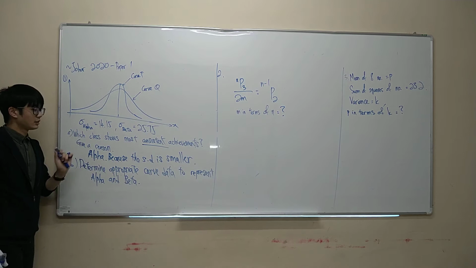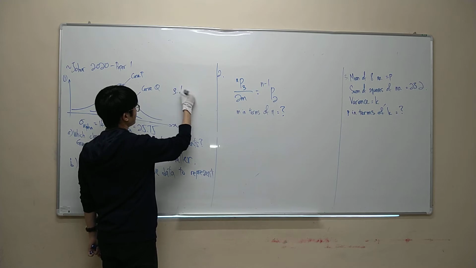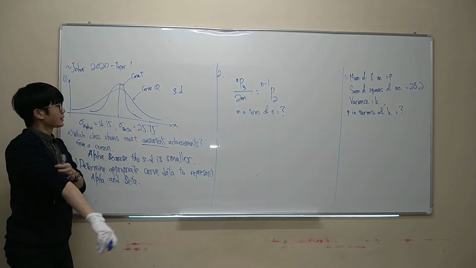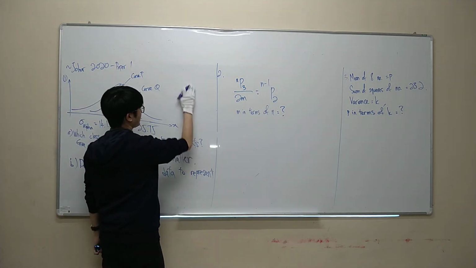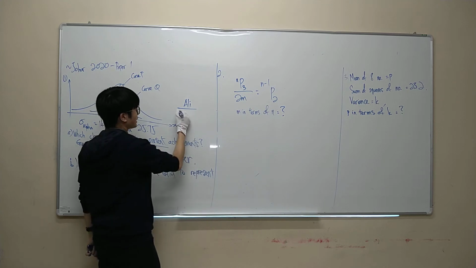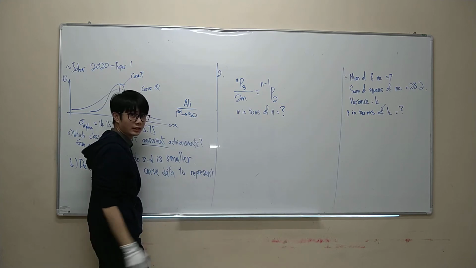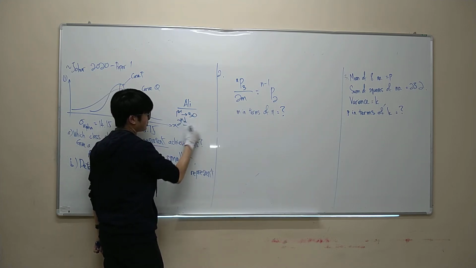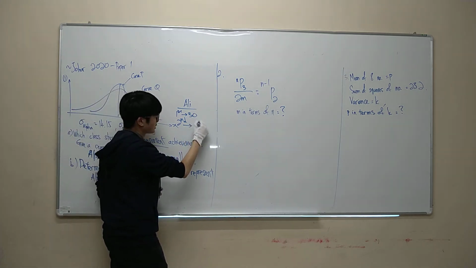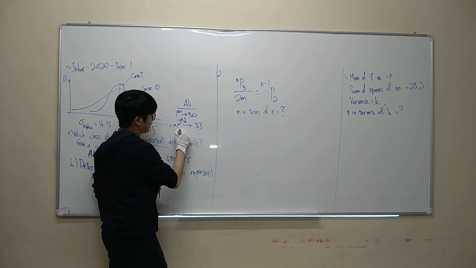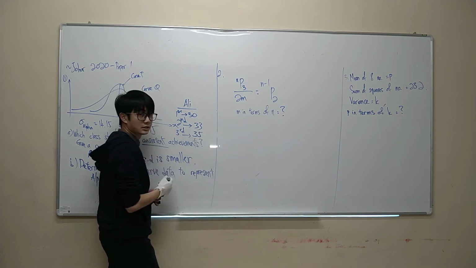Why do you choose the one with lower standard deviation? First you need to understand what standard deviation is. For example, there's a student named Ali. For the first exam, Ali got 30 marks. Second exam, Ali got 33 marks. Third exam, Ali got 35 marks.